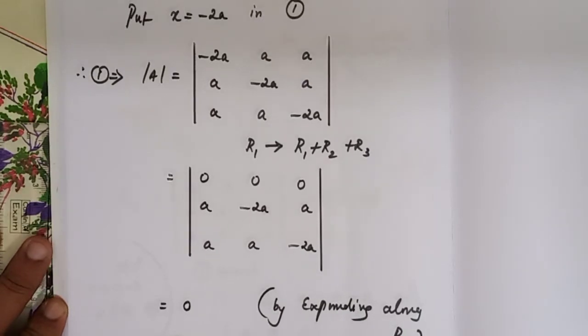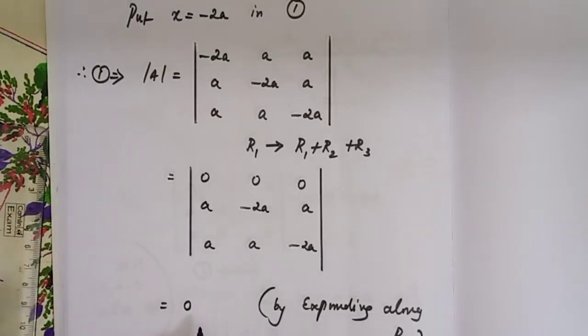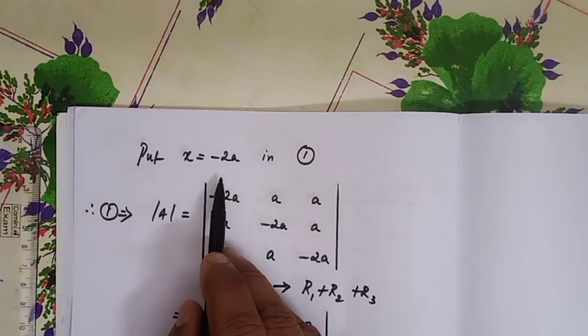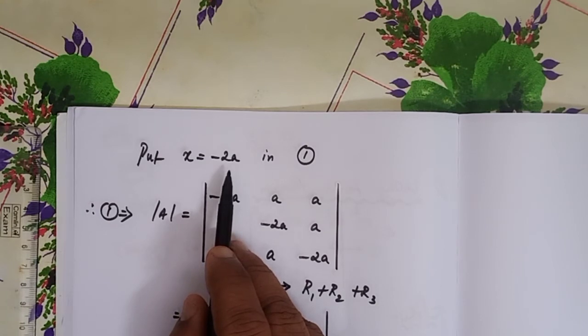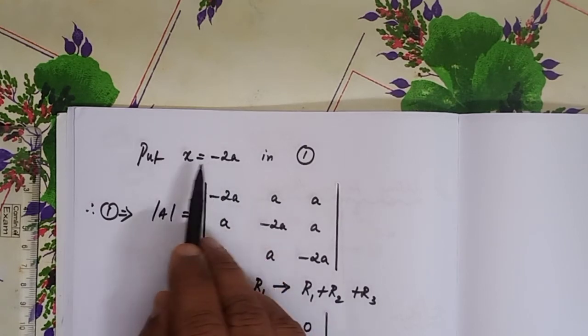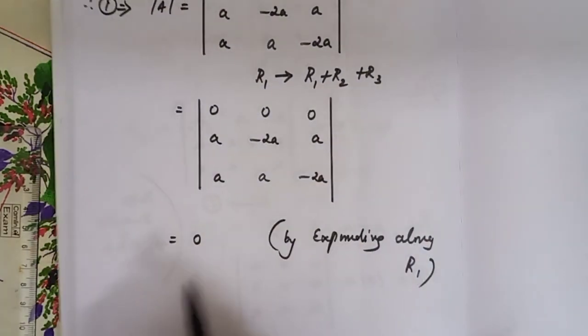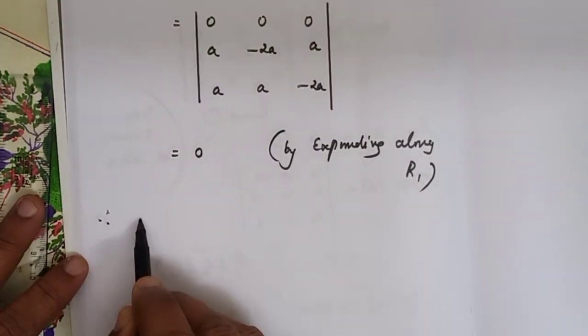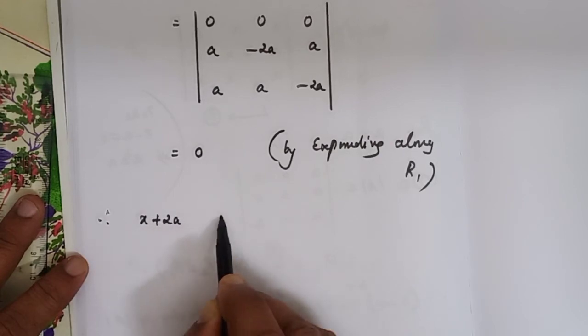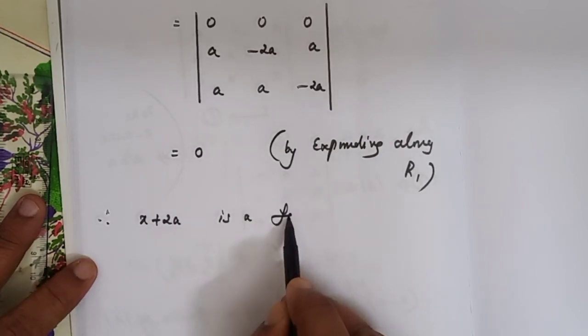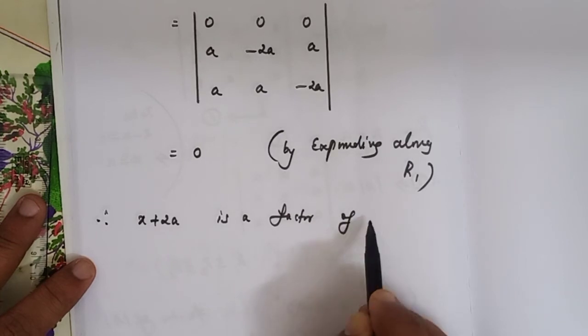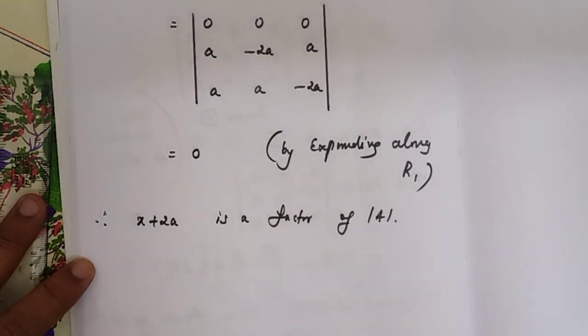That means determinant of A is equal to 0 by substituting x equal to minus 2a. Now minus 2a comes to the left hand side as plus 2a. So x plus 2a is a factor. Therefore, x plus 2a is a factor of determinant of A.